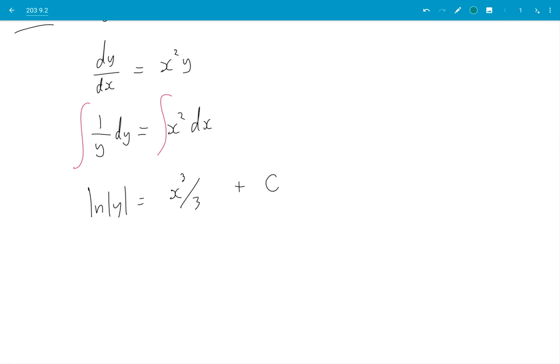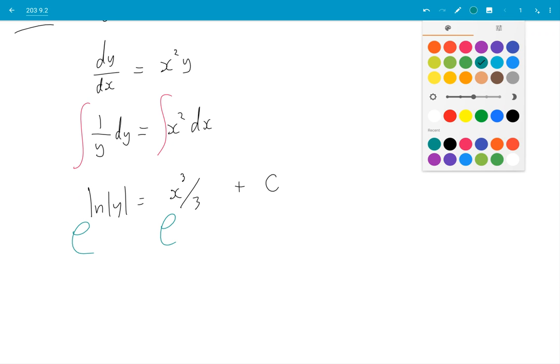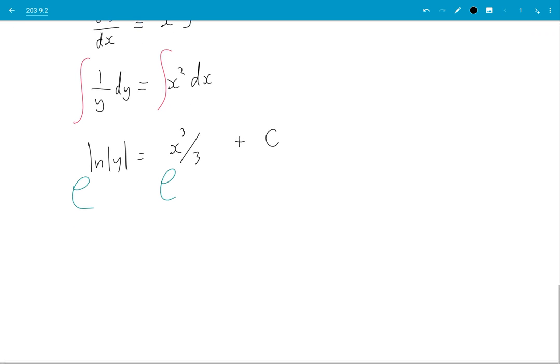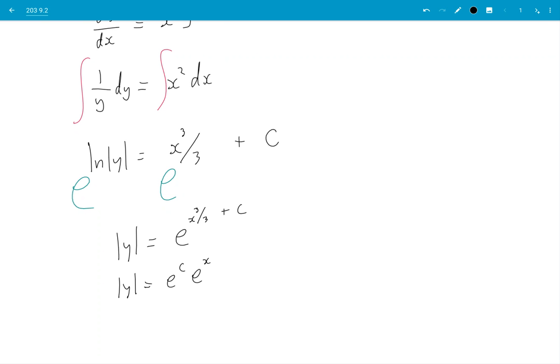Now, same idea as before. You stick an e here and you stick an e there. The e and the ln cancel, giving you absolute value of y equals e to the x cubed over 3 plus c. So you get e to the c, e to the x cubed over 3.